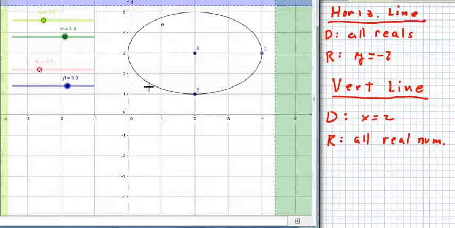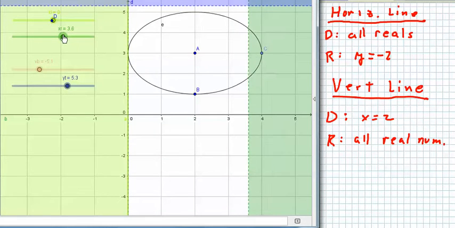Now the domain of this relation is a little bit different. What I'm going to do, imagine sliding a piece of paper across the graph. I'm going to slide this green shaded area till I hit the graph. All my x values are greater than 0. I'm going to slide the other green one to the right, on the right side, till I hit the graph.